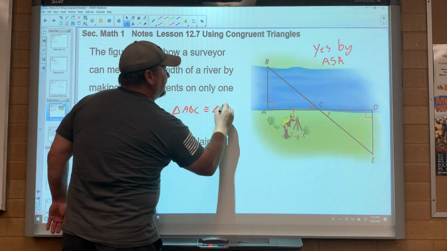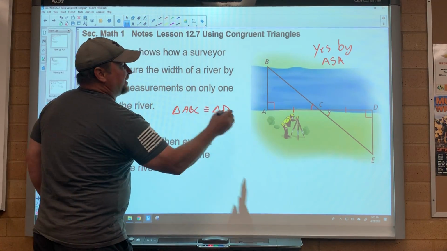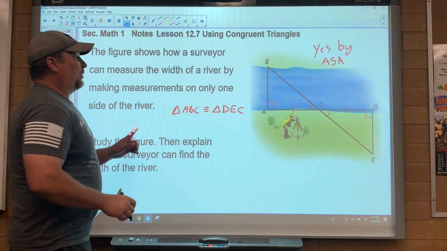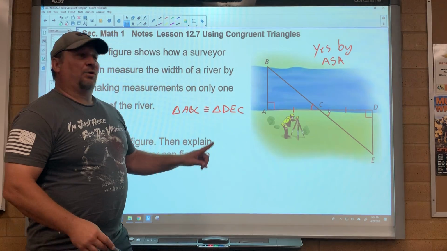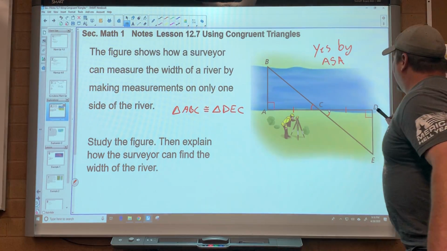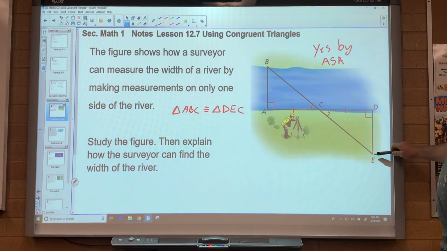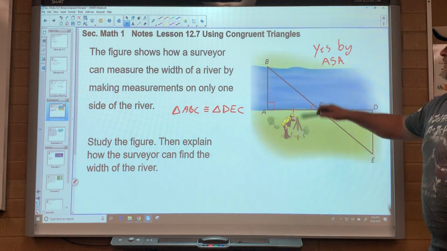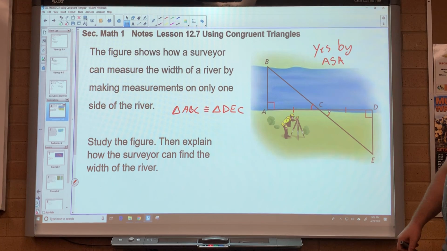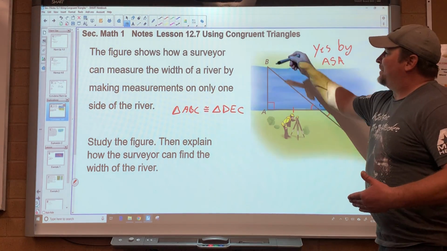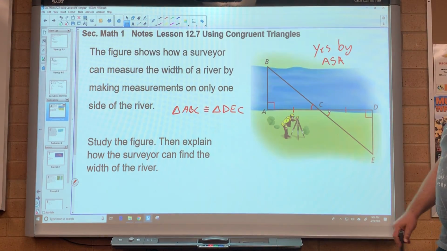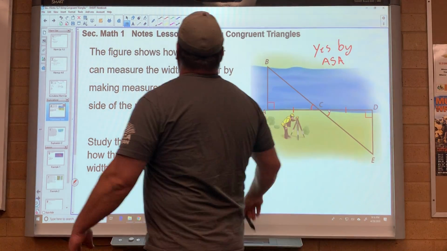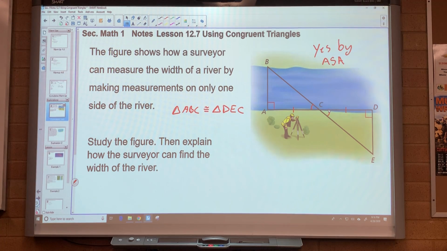A went with D, B went with E, and C went with C. All he would have to do now is know the measurement of D to E, and D to E would be the same length as A to B. And that's how he would find that distance without actually having to measure across the river. He would just measure the distance from here to here. And we're using one of the things we knew, angle, side, angle.